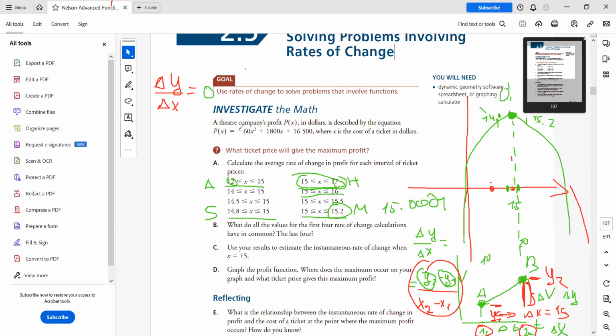I know it because I know the characteristics of polynomial functions, which we're going to cover later. But also, you could make a statement that this graph should look like this by evaluating its average rate of change. Here, you can see that to the left-hand side of 15 the function is increasing, and to the right-hand side of 15 the function is decreasing.